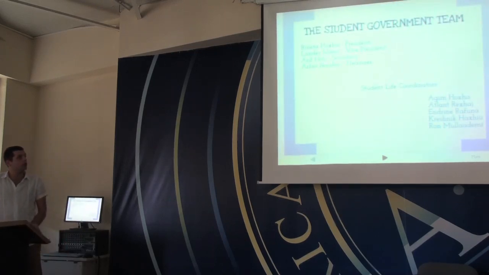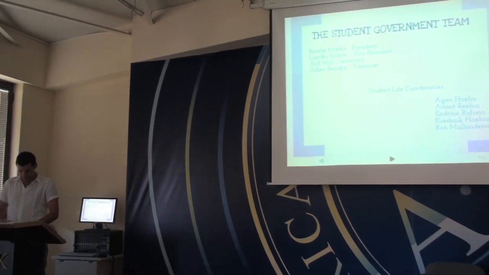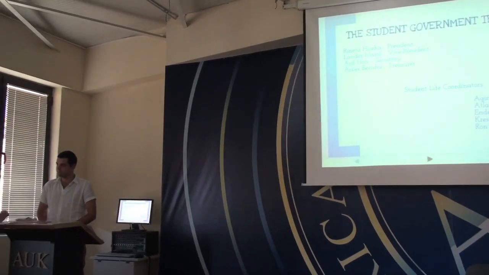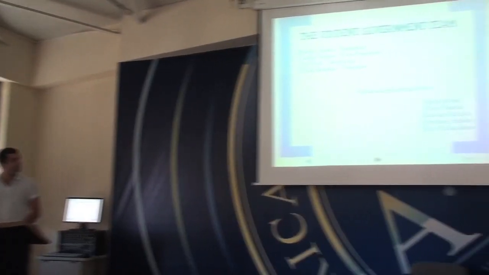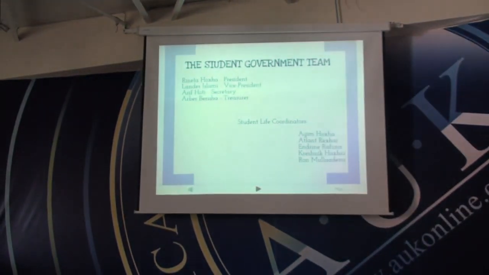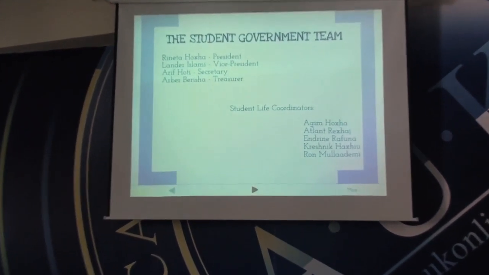And now I would like to continue with the presentation of the student government team overall, and I would like to give the floor to Renata. Okay, so during these 5 weeks, we have also worked, among other things, to have in our team people who have shown in the past that they know how to work and to manage various situations.